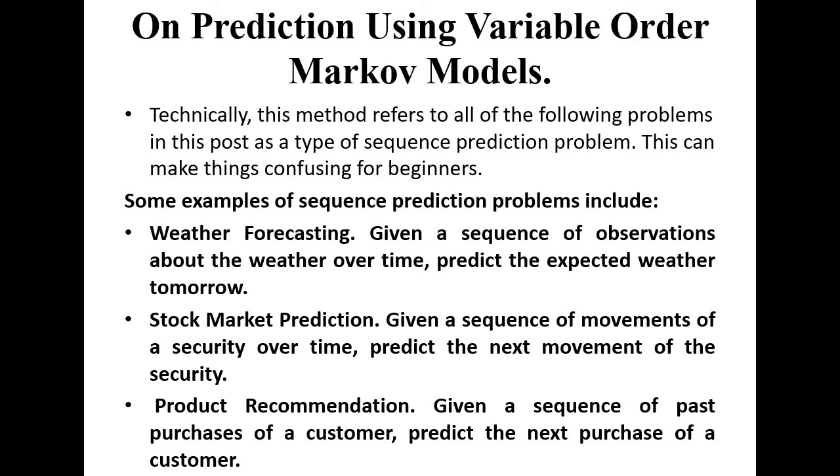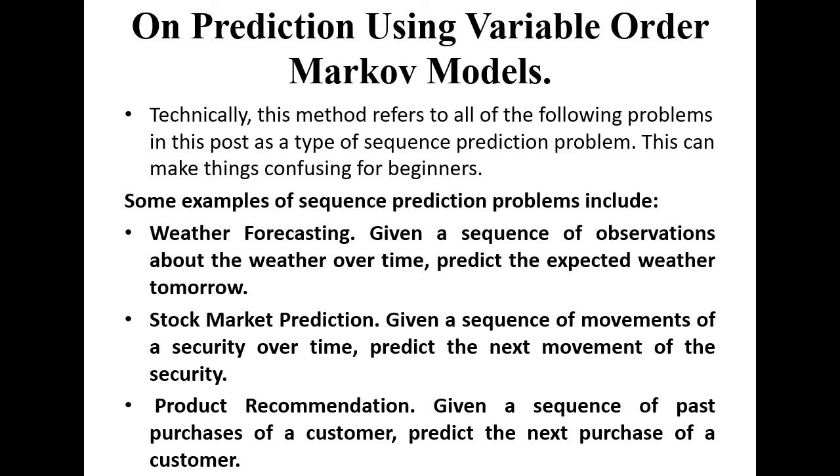On prediction using variable order Markov models, there are some examples. Technically, this method refers to all the following problems as a type of sequence prediction problem, which can confuse some beginners: weather forecasting, stock market prediction, product recommendation. For example, in weather forecasting, given a sequence of observations about the weather over time, predict the expected weather tomorrow using this model.